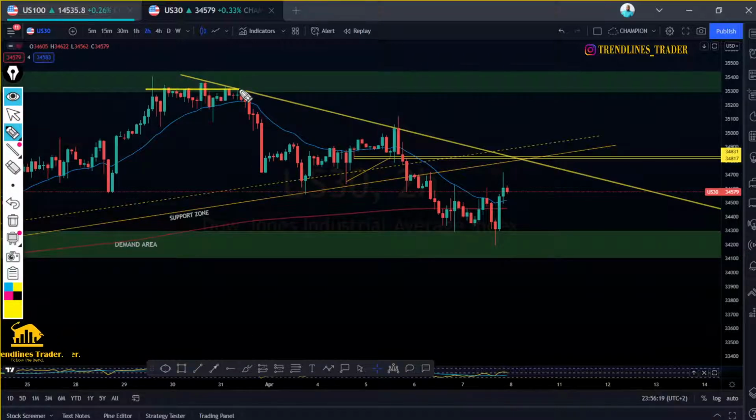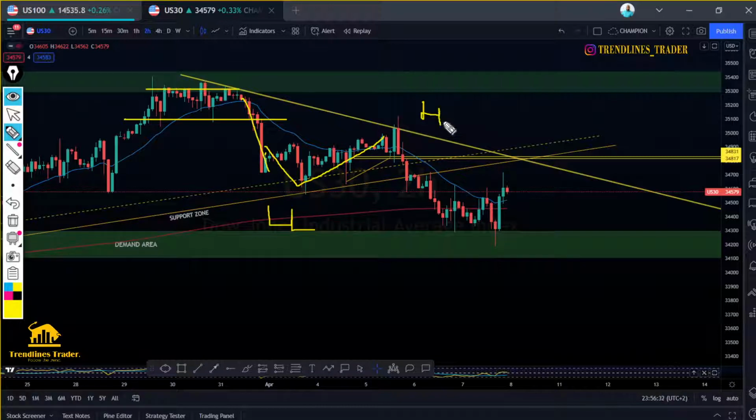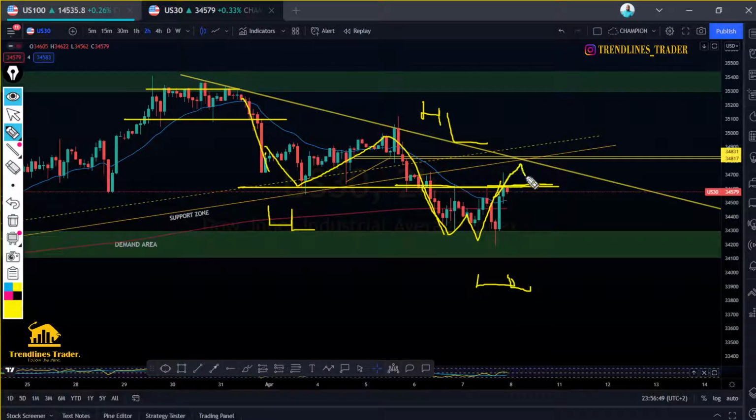But one thing that I want you to be aware of, this is where the price was making the changes, and this is the price giving us our lower low. As you see, it pushed towards the downside and it gave us the higher low, and now pushed towards the downside. This area broke out of this area to give us this area right here as our lower low. We just have to expect the higher high.